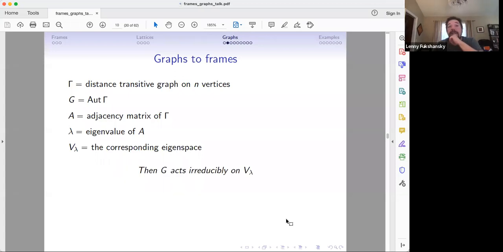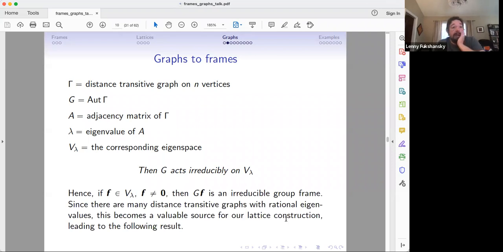So while, as you have remarked, G does not act irreducibly on the full space, it acts irreducibly on the eigenspaces. So now further, if F is some non-zero vector in the eigenspace, then GF is an irreducible group frame.